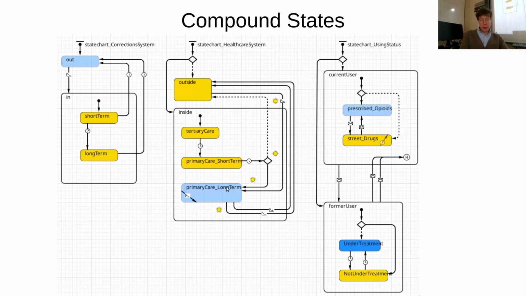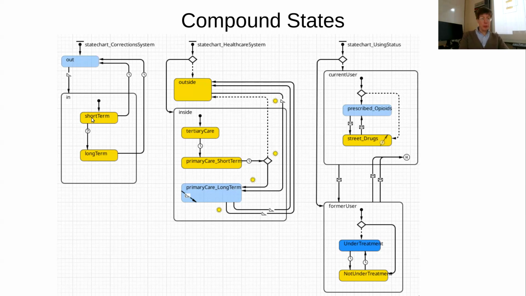You notice sometimes these transitions can be rather articulated. Okay, so that's one matter. A second matter is that you have this entry point, a designated entry point that specifies where you start within that compound state.